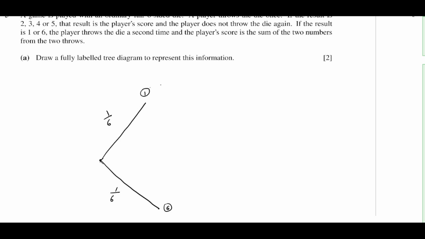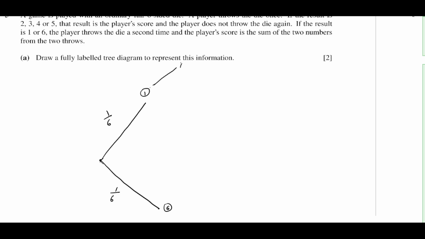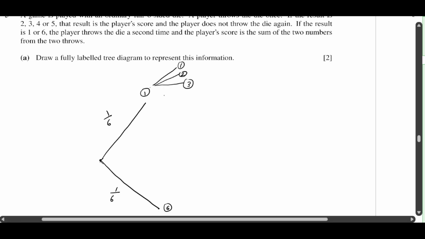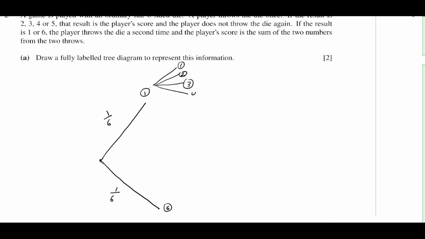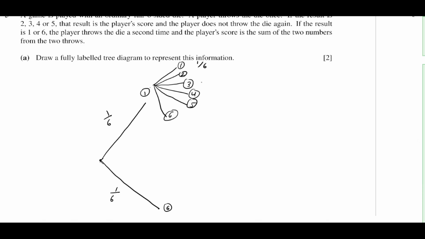Now from this one, if I get 1, I will get another chance to throw the die. Now again, if I throw the die, the results I can get are 1, 2, 3, 4, 5, and 6, and the possibility for each will be 1 by 6 only.